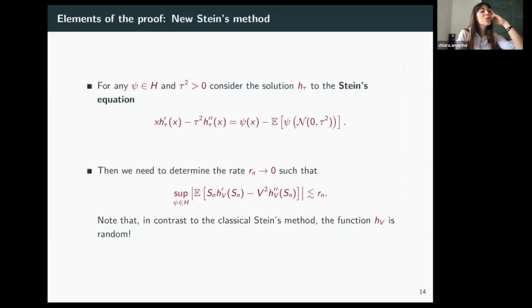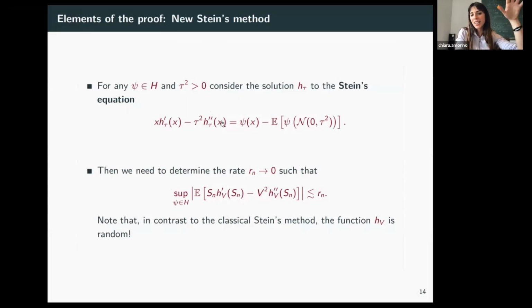So we are using Stein's equation, but a particular one. Here I've written the general Stein's equation. But we are going to use, in our case, a random version of Stein's equation.